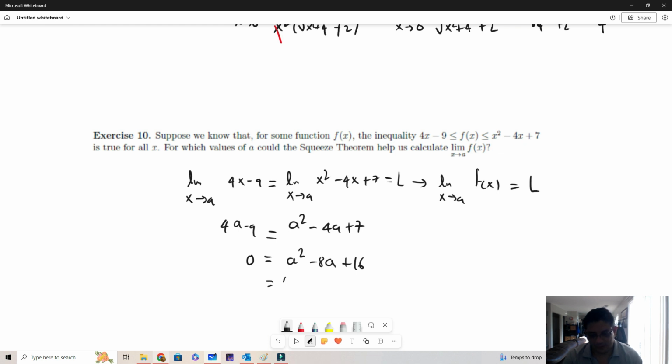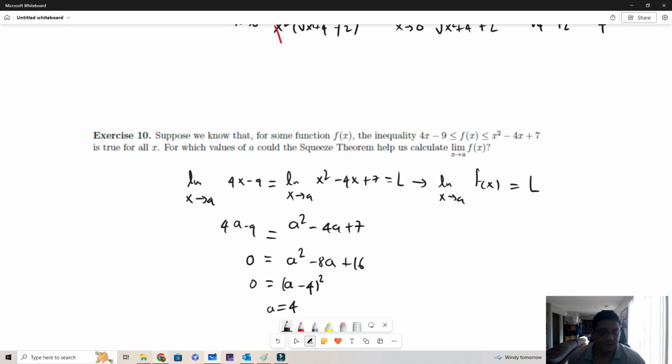This is a binomial square, a minus 4 squared. The first term squared is a squared, twice the first by the second is 8a, and 4 squared is 16. And so this is only going to have a solution when a is equal to 4. So pretty much a equals 4 is the only value that is going to work for the squeeze theorem here, where these two things are going to be equal.